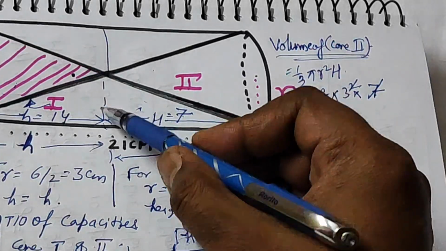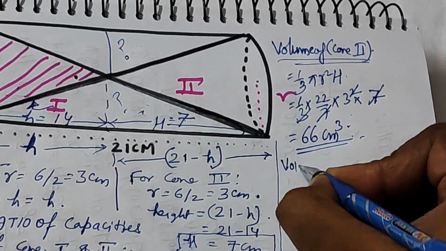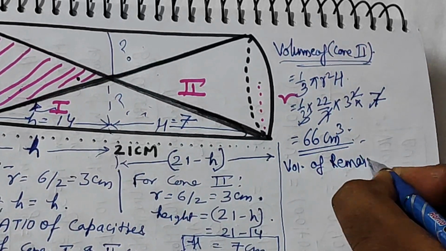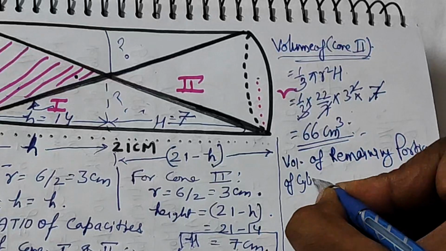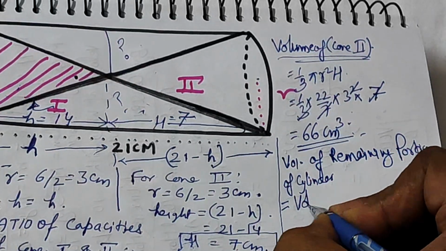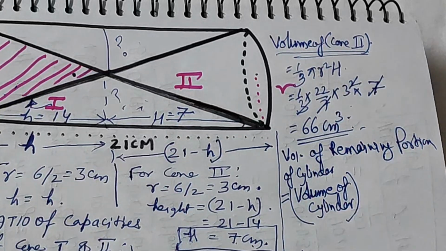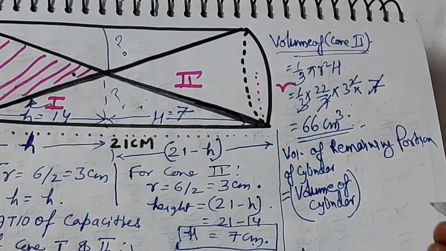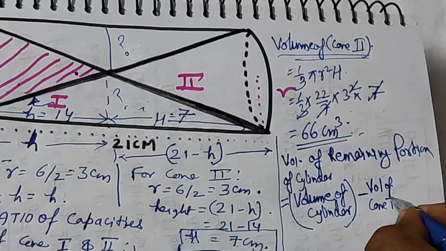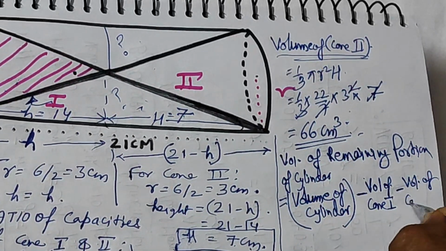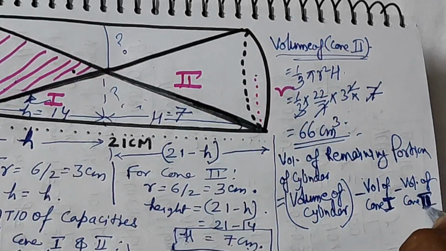Now we need to find, as asked in the question, the volume of the remaining portion of cylinder. That means inside the cylindrical pipe two cones are there. After that, what is the volume of the remaining portion? So volume of the remaining portion can be calculated very easily, just calculate the volume of the cylinder and from that deduct the volume of cone 1 and volume of cone 2. So I am writing it over here, volume of cylinder minus volume of cone 1 minus volume of cone 2.